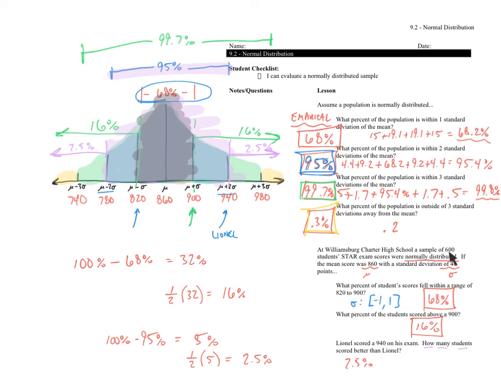Since I know that there were 600 students in the school originally, I'm just going to multiply 600 by 0.025, turning that percent into a decimal, and that gives me 15. So I would be able to say with confidence that 15 students scored better than Lionel, because of the information that was given and because I knew that this was normally distributed data.